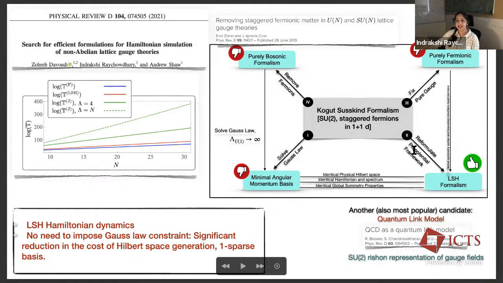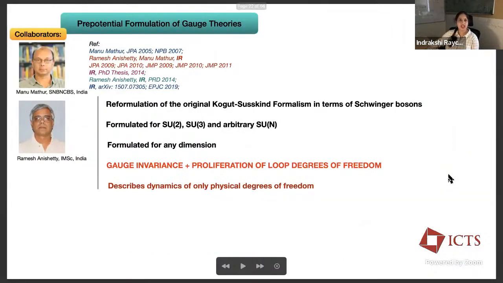Okay, so here you can see in this figure that this Loop-String-Hadron Hamiltonian is obtained from the Kogut-Susskind Hamiltonian via the path of the prepotential framework. The prepotential framework of gauge theories is a set of work that was started by Manu Mathur in 2005.